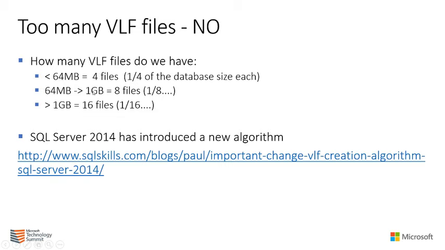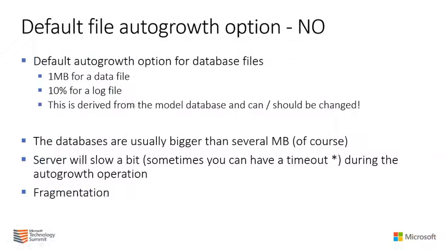If your database is up to 1 gigabyte, it will have 8 files. If the database is greater than 1 gigabyte, which is the most typical situation, SQL Server is going to create 16 files, each 1/16 of the database size. So that's how this algorithm works.